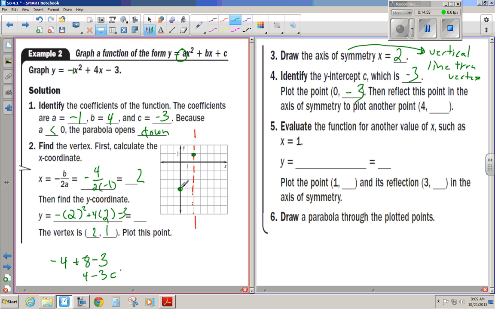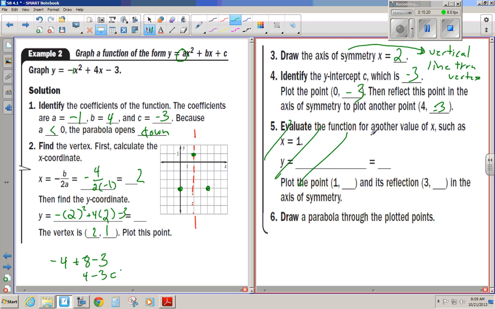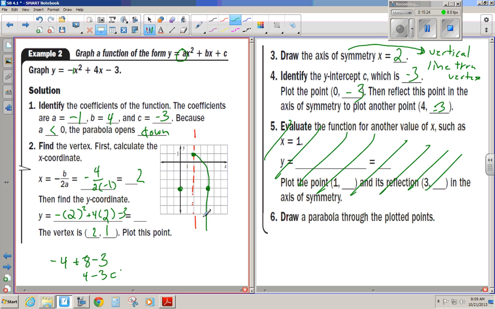And then you can mirror this point over, and that's looking at 4, negative 3. And once you know the vertex and a point on either side, you do not need to evaluate another point. You just have to draw the best upside down U shape that you can.